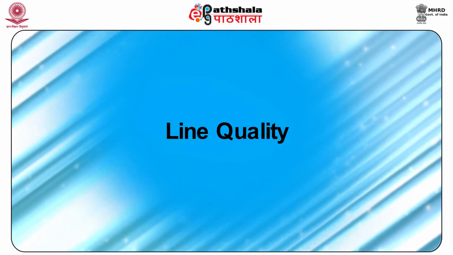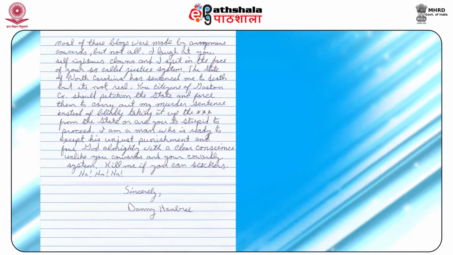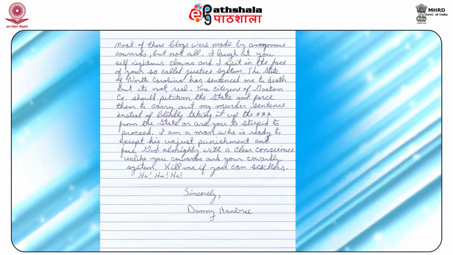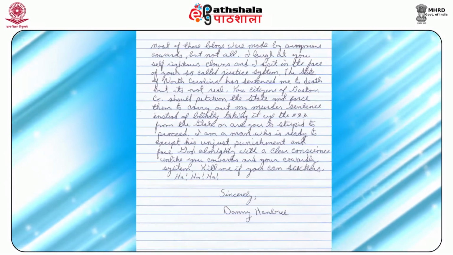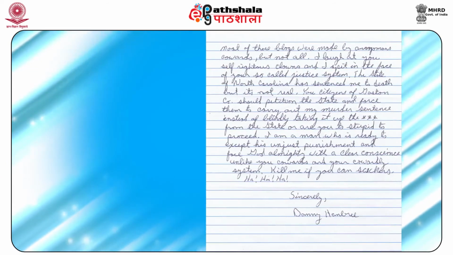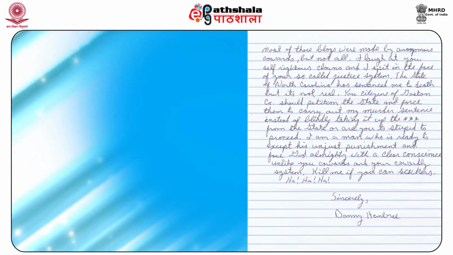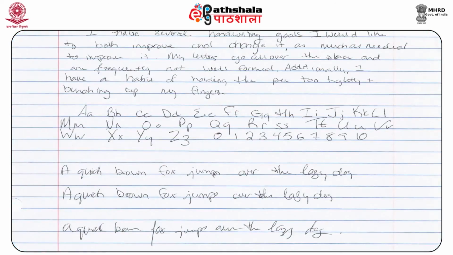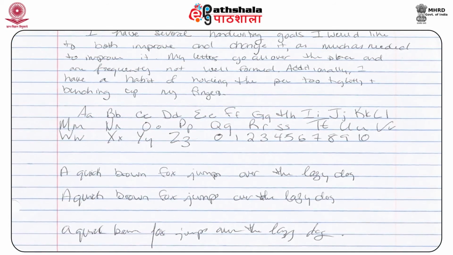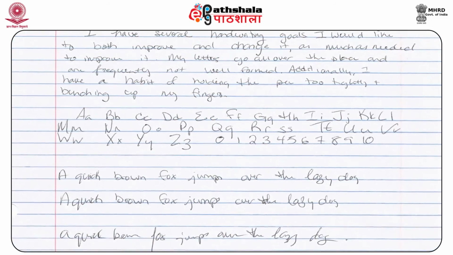Next is line quality. It is the measure of the quality of lines or the strokes used in the writing. It shows how the pen was moved during the production of writing, where it has been stopped and where it has been lifted, whether there is any deviation from the intended path or not, the rhythm of writing, the speed, and the tremors present.